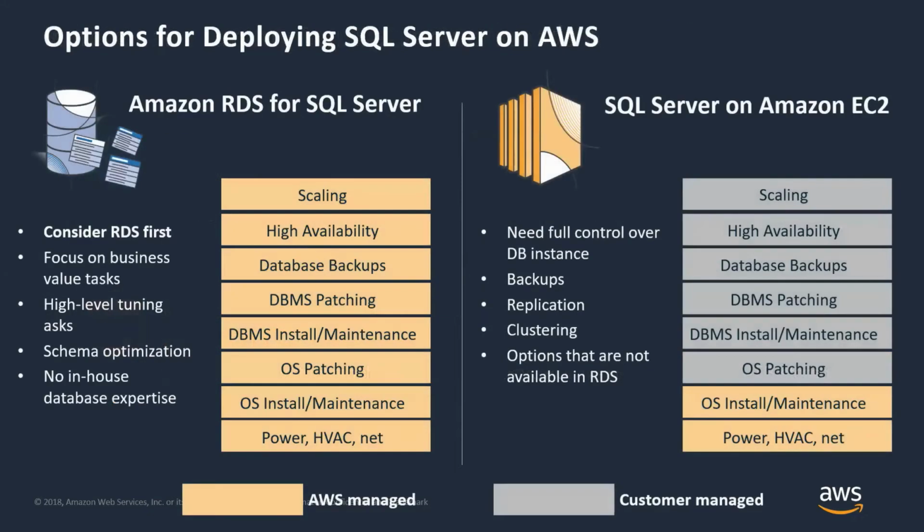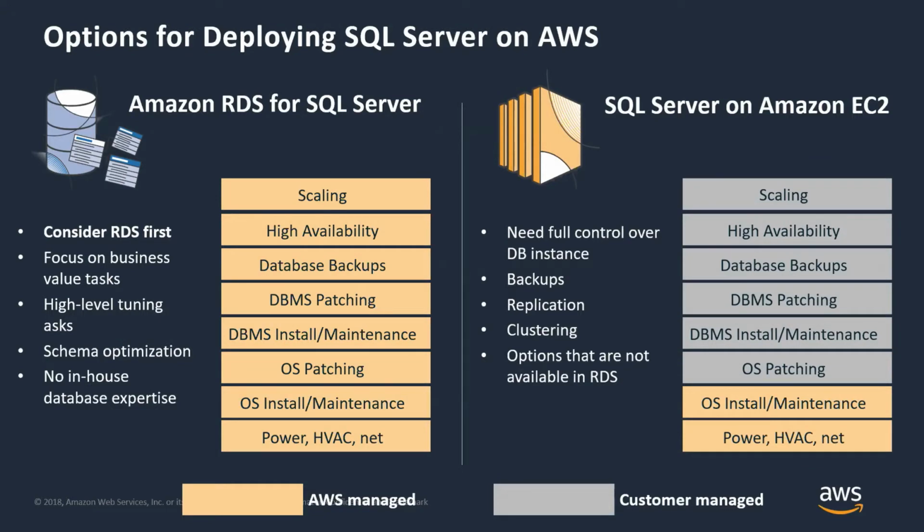So looking at options for deploying SQL Server onto AWS. Again, as I mentioned, always consider RDS first. When you're running RDS, AWS will take care of your scaling, high availability, your database backups, the patching, any sort of maintenance, OS patching, OS maintenance, and also your HVAC, etc., your typical data center items.